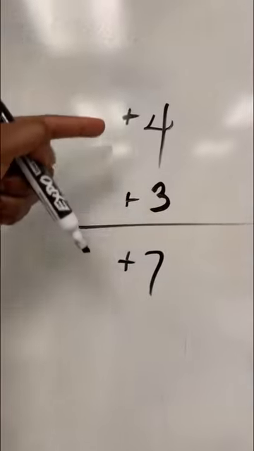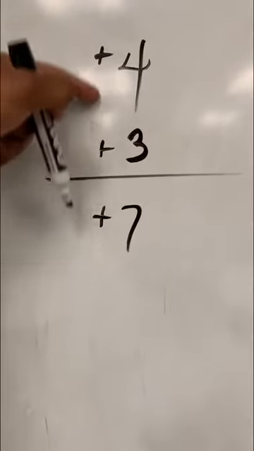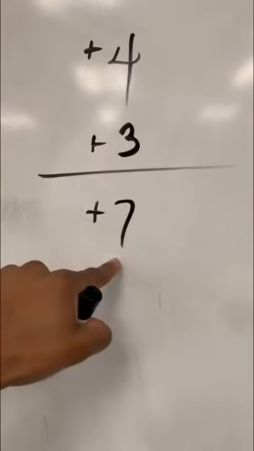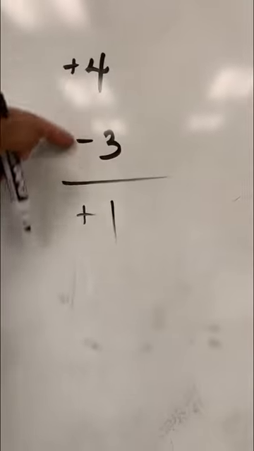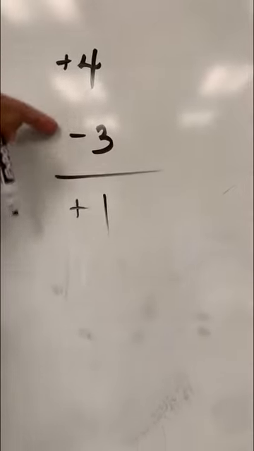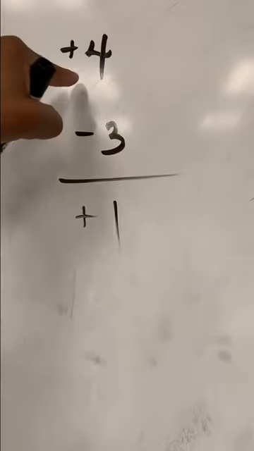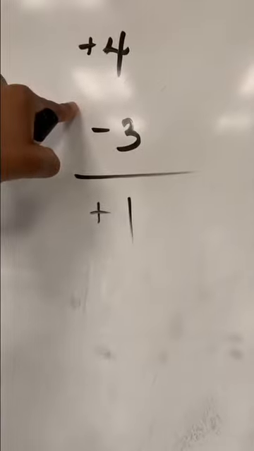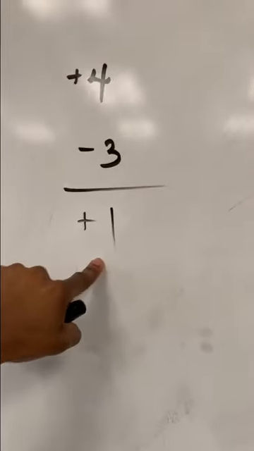So look at that. Both of these signs were the same. So I added them and got the sum. 4 and 3 is 7, so it's positive 7. These signs are different, so I get the difference, right? That's why we call subtraction the difference. All right, so different signs means we're going to be basically using subtraction. So 4 minus 3 is a positive 1.